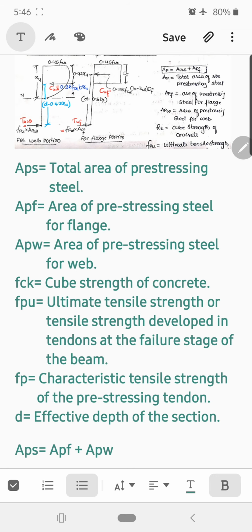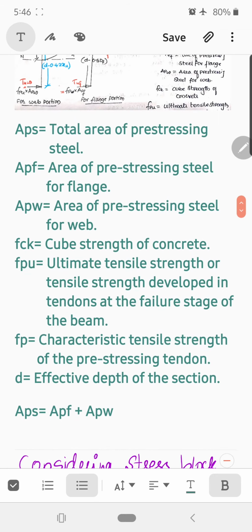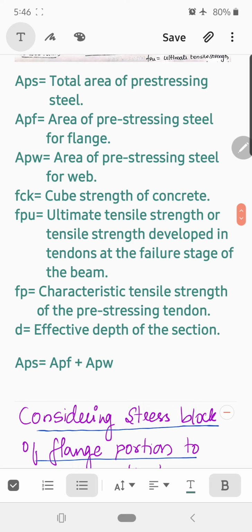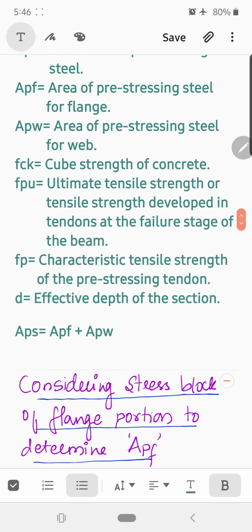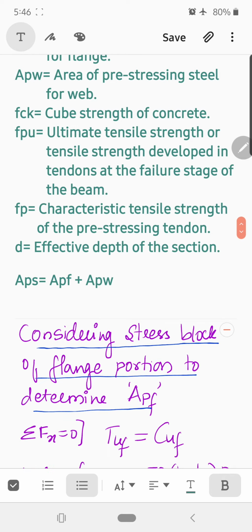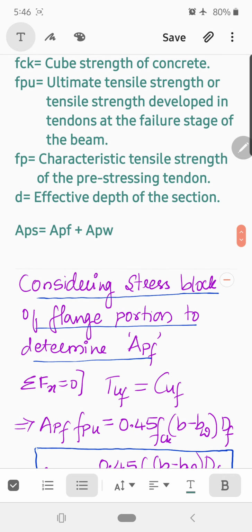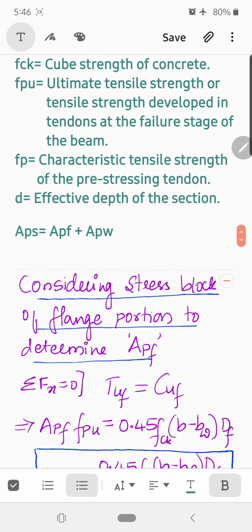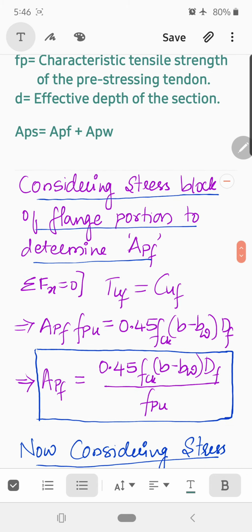FCK is the cube strength of the concrete, FPU is the tensile strength developed in the tendon at failure stage of the beam. FP is the characteristic tensile strength of the prestressing tendon. D is the effective depth of the section. So APS, the total area of prestressing steel, is APF plus APW, prestressing steel for flange and prestressing steel for web.